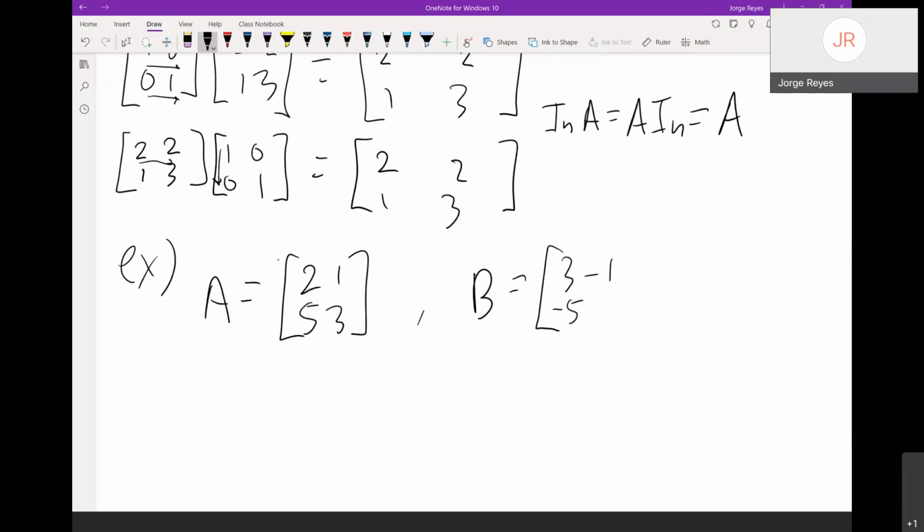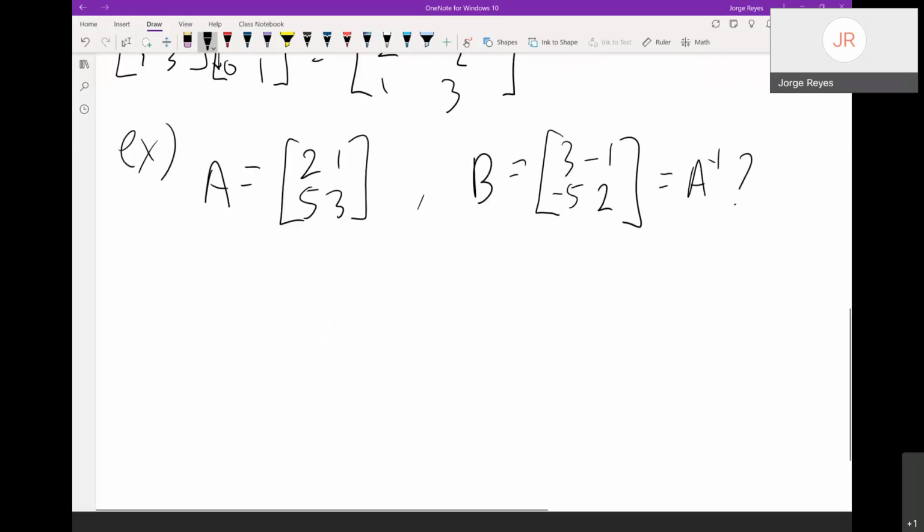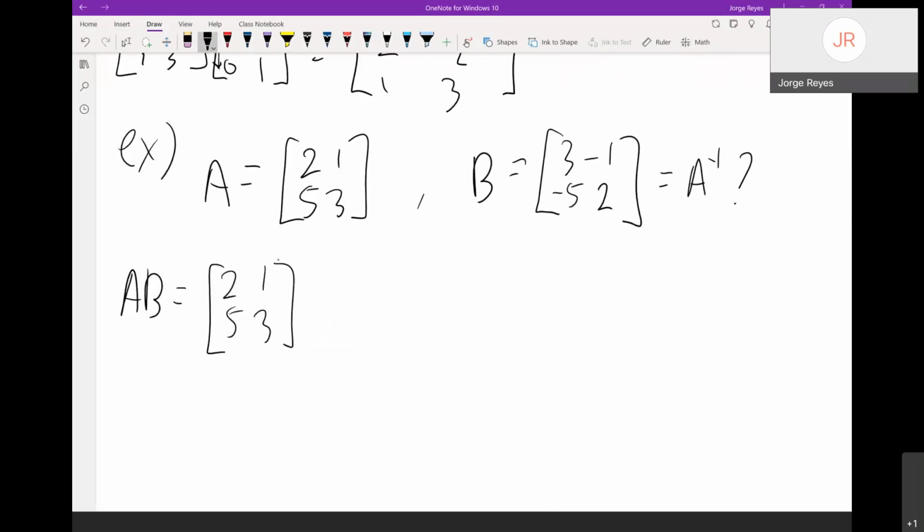The question you would get is, verify: is B A inverse? Are these matrices inverses? What you would do is multiply them. So A times B is going to be 2, 1, 5, 3, 3, -5, 1, 2.